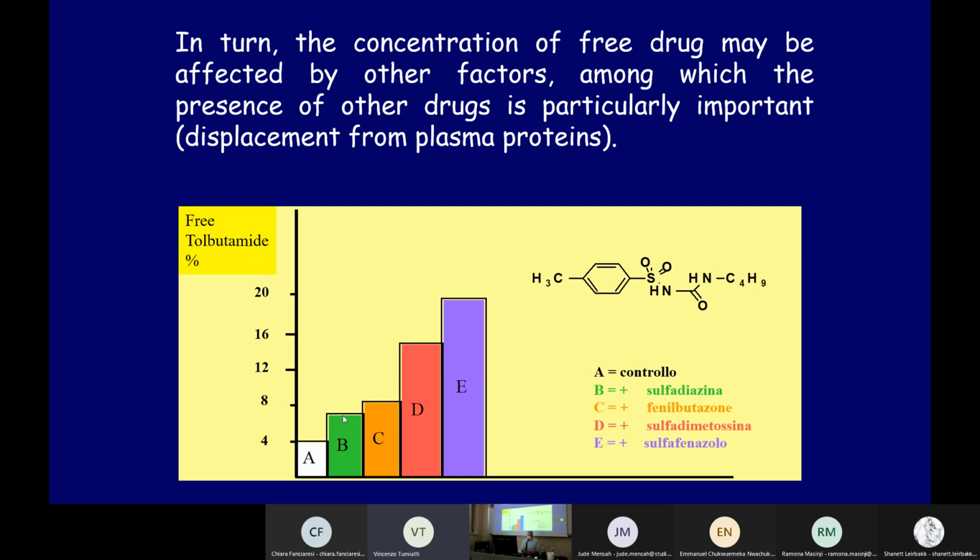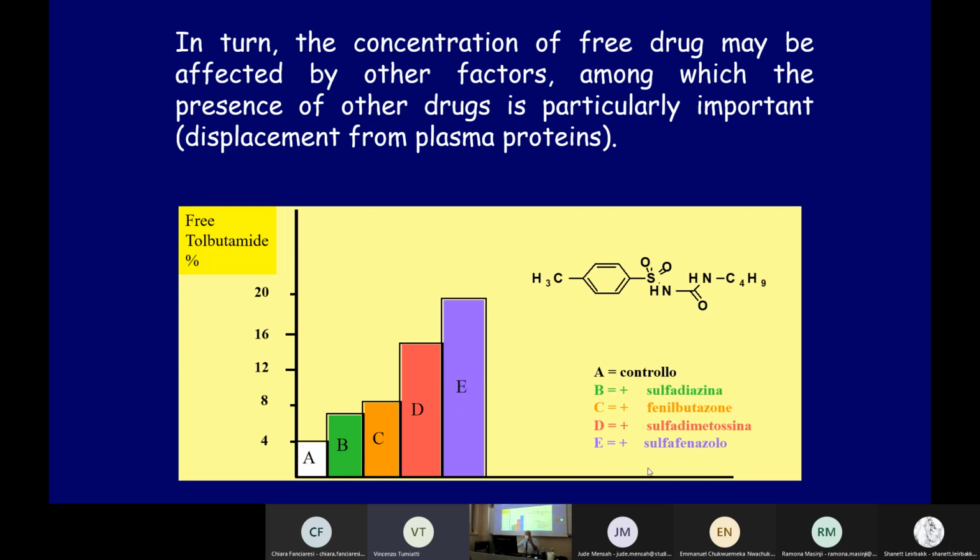This means this higher concentration can decrease the level of glucose inside the blood too much. The worst situation is in the E column.